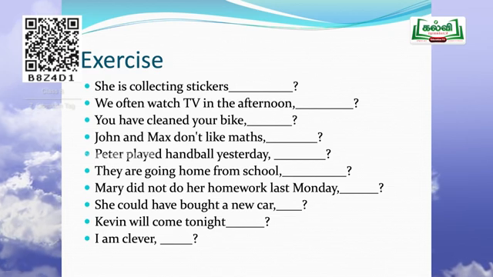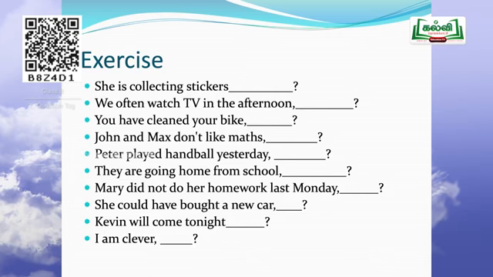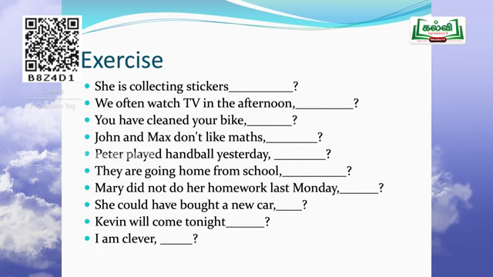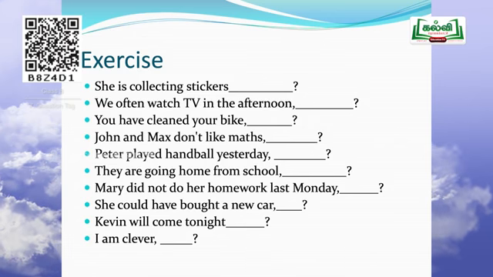She could have bought a new car. What is the tag? Couldn't she? Good. Kevin will come tonight. What is the tag? Won't he? I am clever. What is the tag? Aren't I? Good. You are doing good.